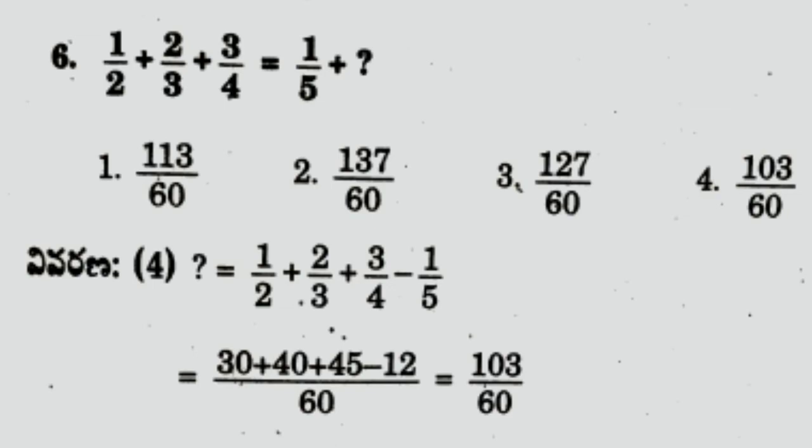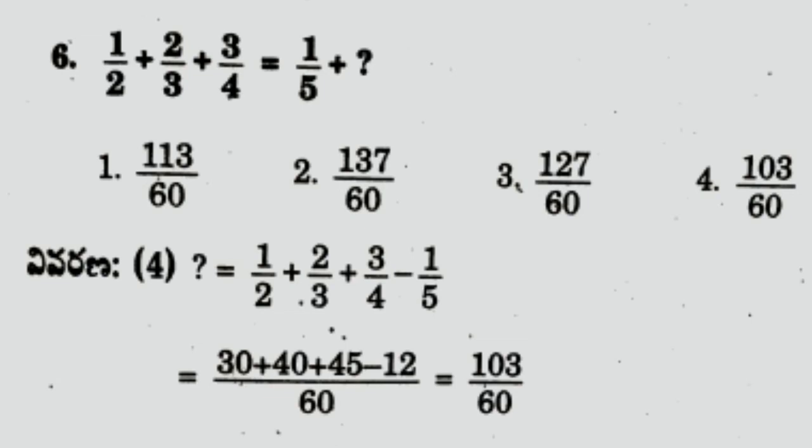So in this problem we need to find out the x. Take the LCM for all 2, 3, 4, 5. The LCM value is 60. 2 30s are 60, so 30 into 1 is 30. 3 20s are 60, so 20 into 2 is equal to 40.